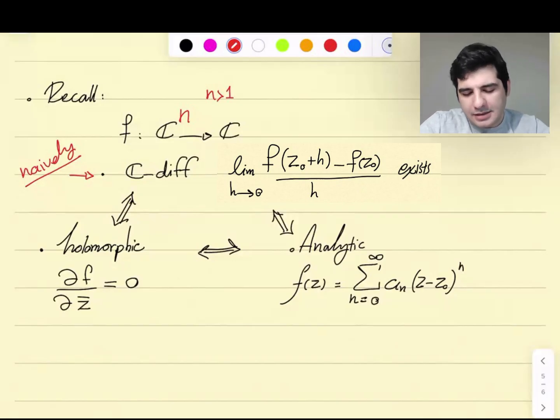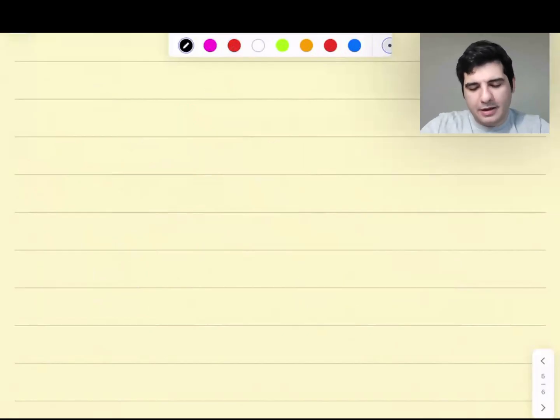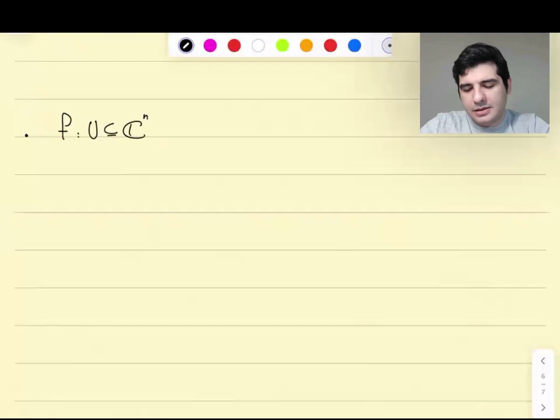But let's look at this other definition. We can generalize this to higher dimension in a pretty straightforward way. Suppose we have the function f defined on Cn, or potentially an open subset of Cn, to C. And we have the points z1 up to zn denoting the coordinates on the domain.